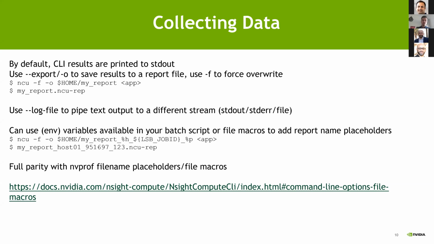Then you can generate, for example, a uniquely named report file every run, or have a report file that is named according to your MPI rank, for example. And I also put a link here, and I have these links in a couple of my slides for further reference if you want to read about this feature, how to use it.